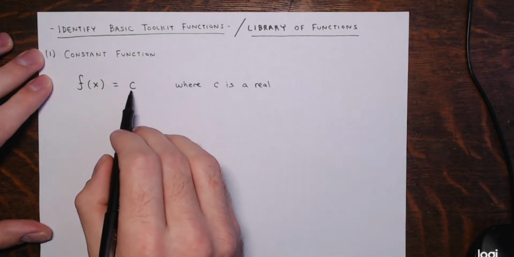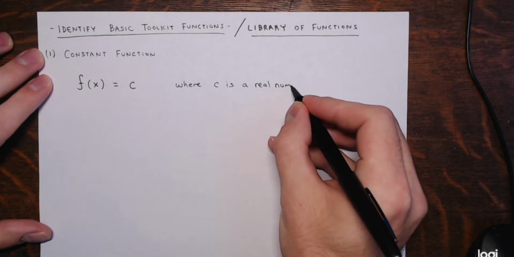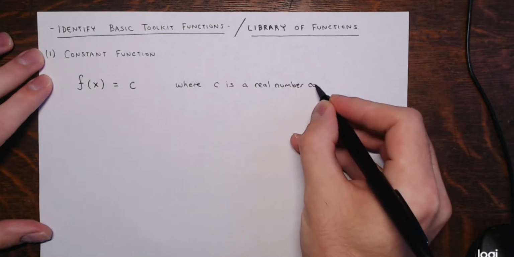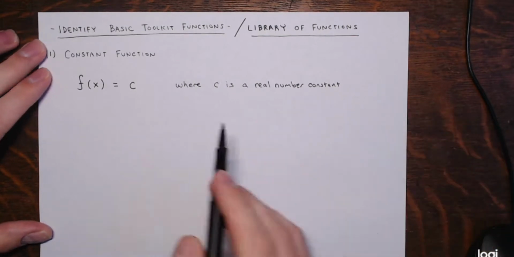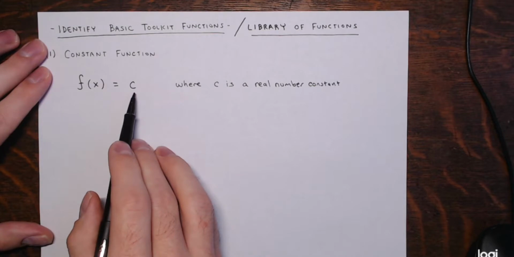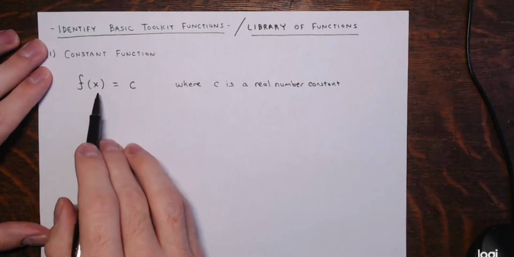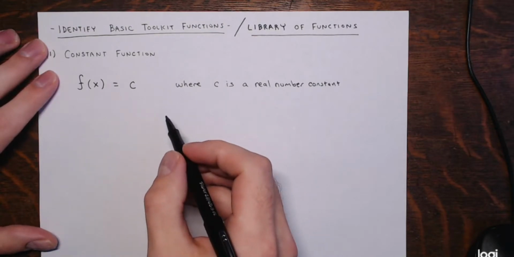Yes, it's a letter right now, but it is a fixed number, where c is a real number constant. And the graphs of these functions, y equals c, f of x equals c, y equals 2, 3, are just horizontal lines.